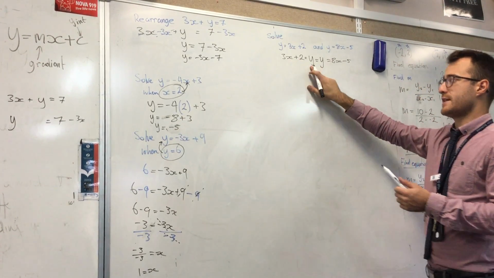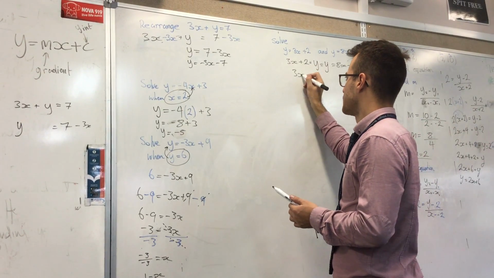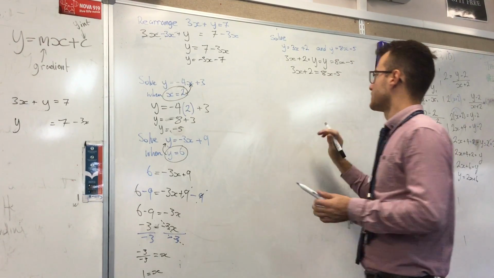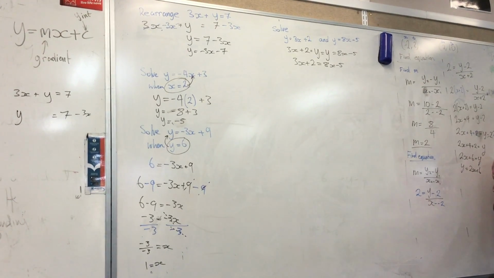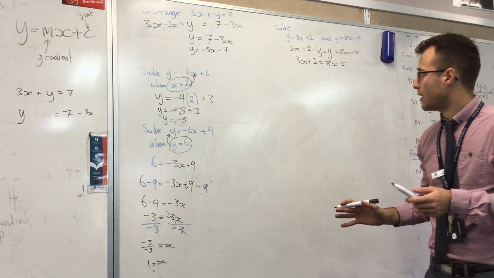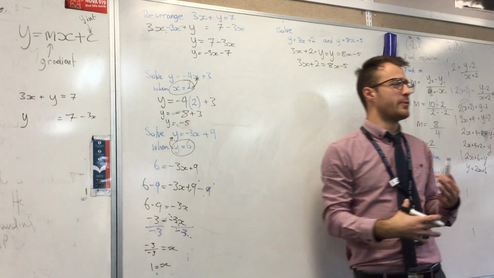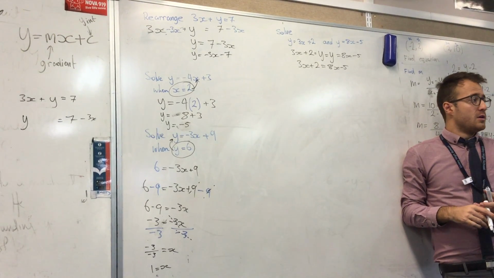Now if this is equal to this, which is equal to that, and that's equal to that, then they're equal. Is that okay for everyone? Beautiful. Alright, so what do we want to do when we're solving these sort of things? You want to get x by itself.